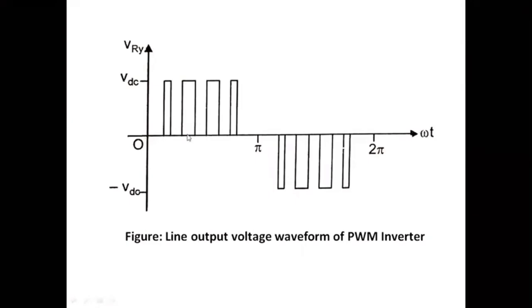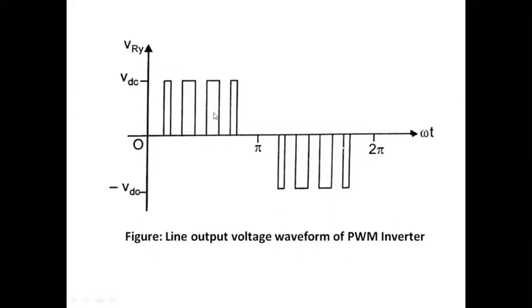Again maximum value for this pulse width, and 0, and for this period it is maximum value, for this period it is 0. Like that, pulses of different widths are maintained. It is not a constant pulse width, so based on the width of the pulses, the average value over this entire half cycle varies.